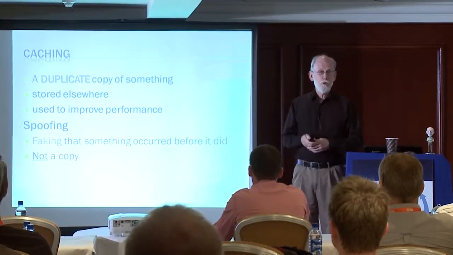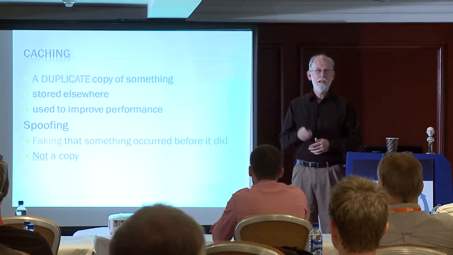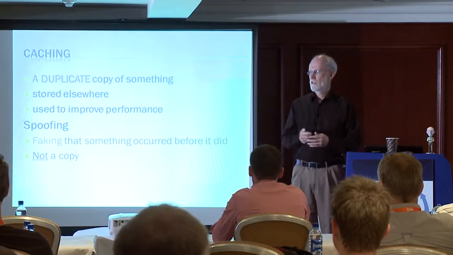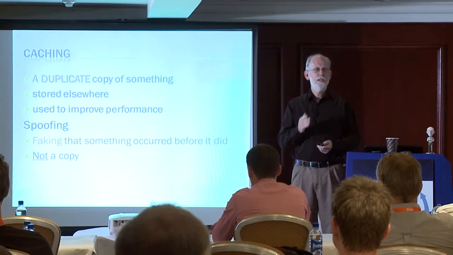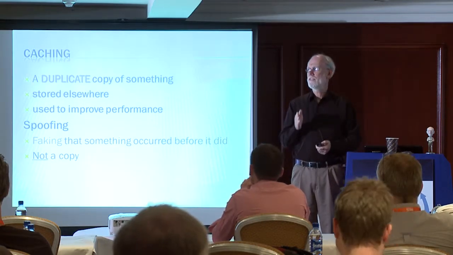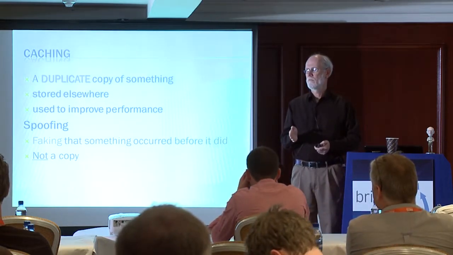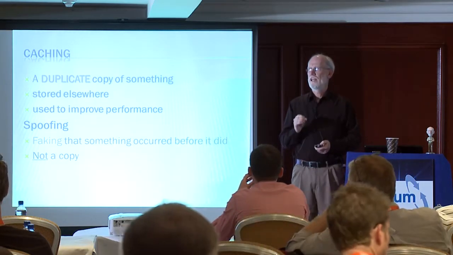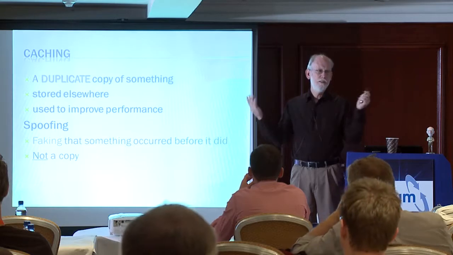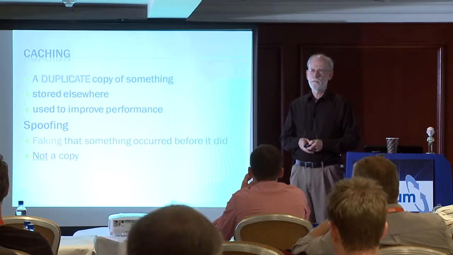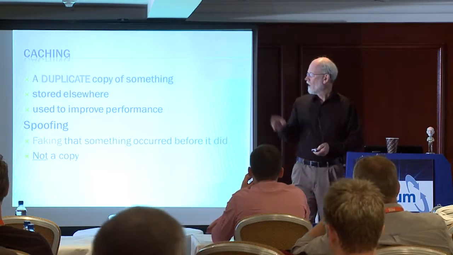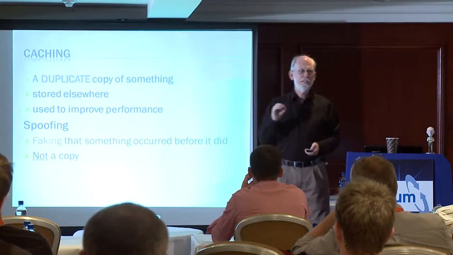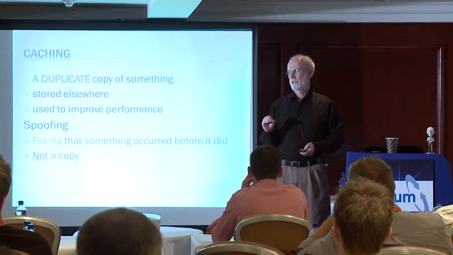All right, so before I get into the top 15 list, I want to make one definition that I use, because what I'm trying to do is take a slice of everything that Microsoft does from a performance perspective, and I chose caching as a way to differentiate all of the millions of things that I could possibly talk about in Windows performance. But I want to define a cache specifically as a duplicate copy of something.